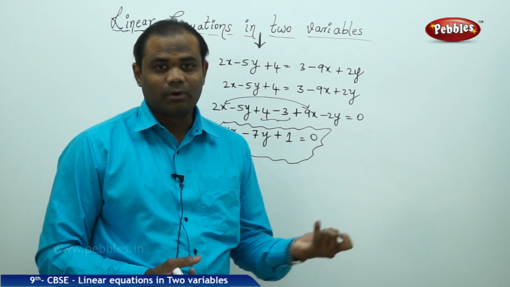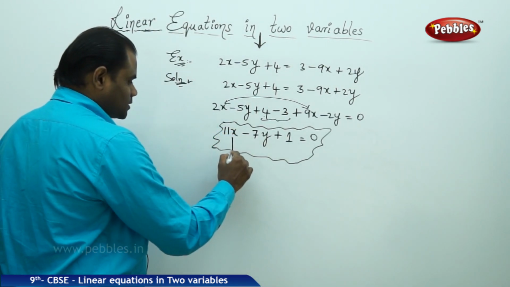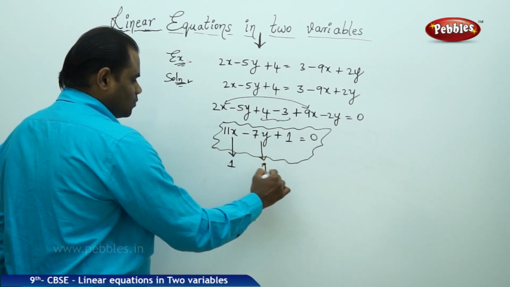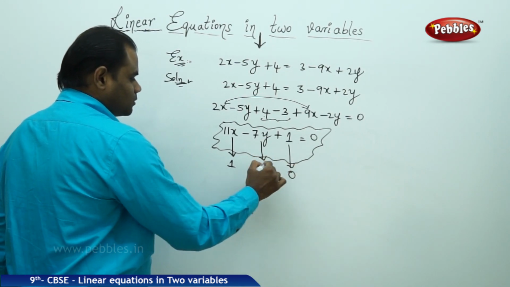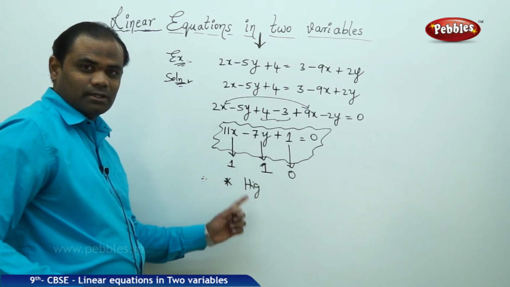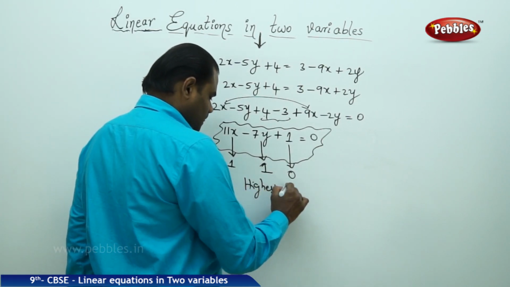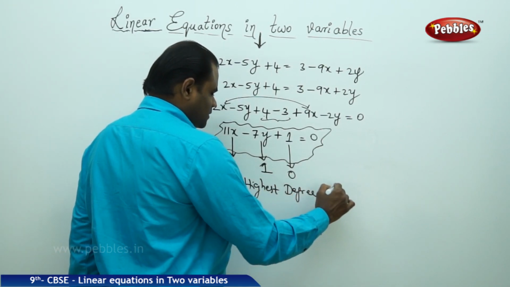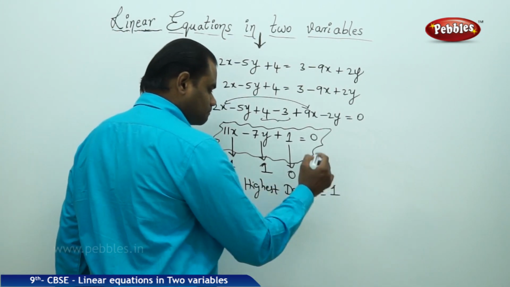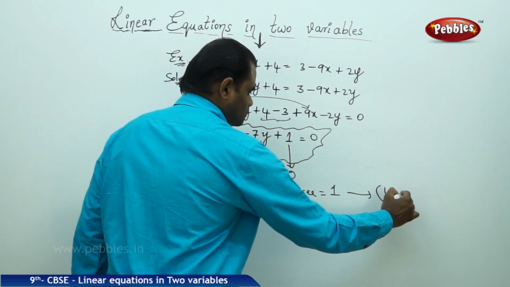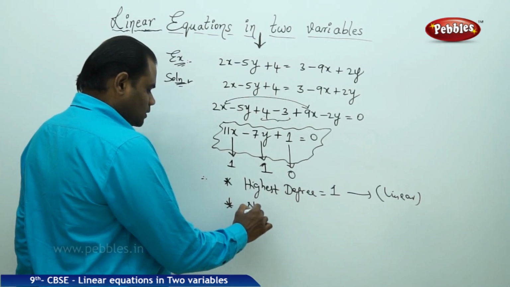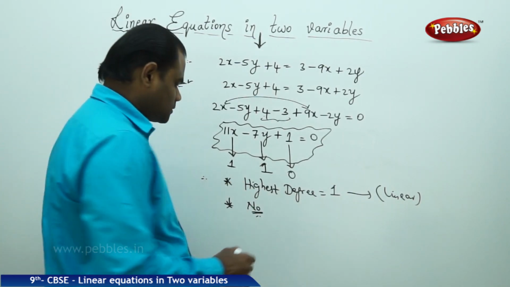Rule 1: the degree of the first term is 1, the degree of the second term is also 1, the degree of the constant is 0, therefore the highest degree out of all these is 1, therefore it's linear. Next, rule 2, identifying the number of variables.